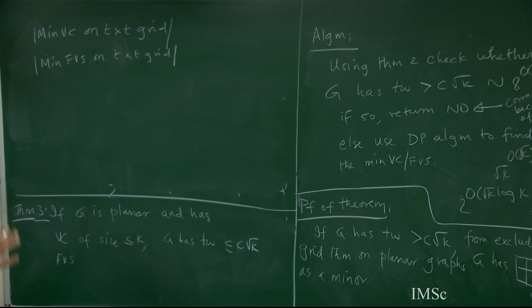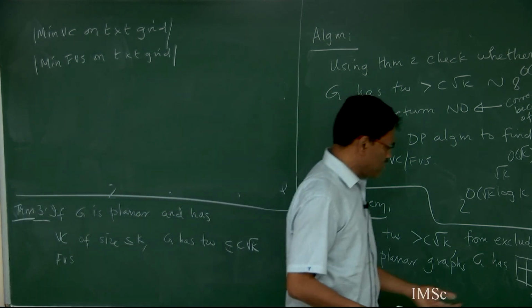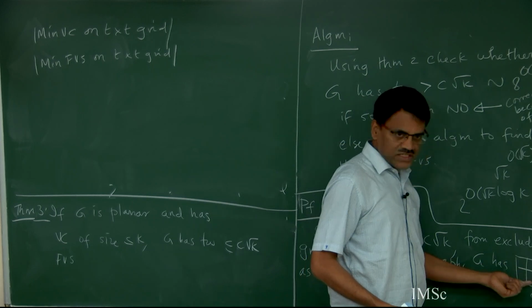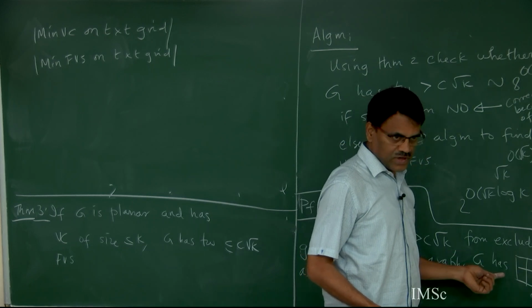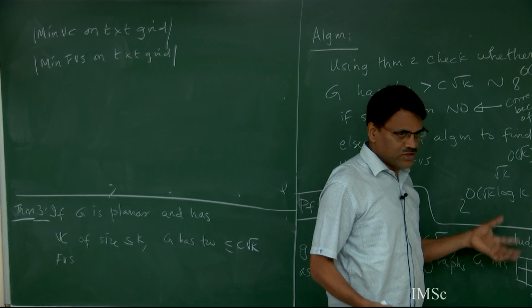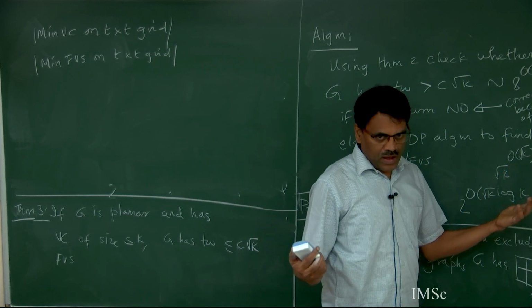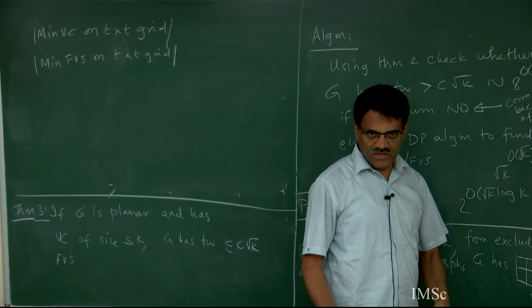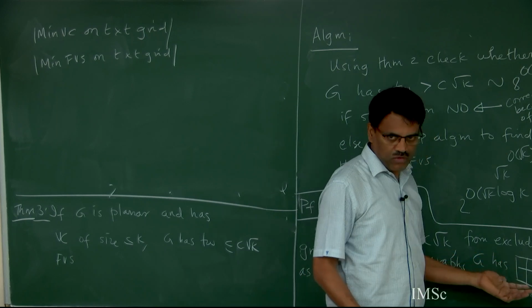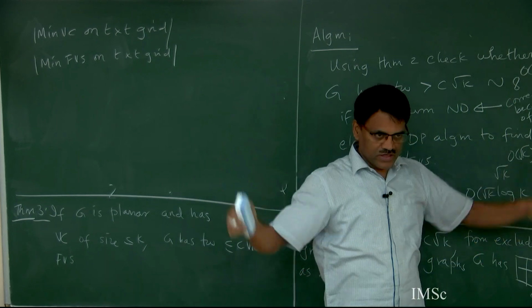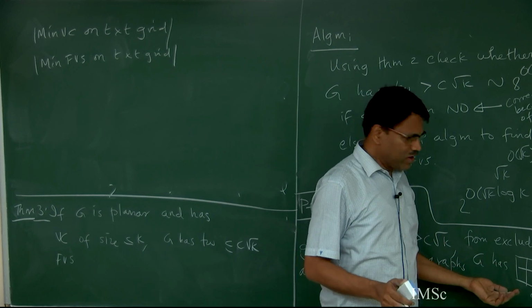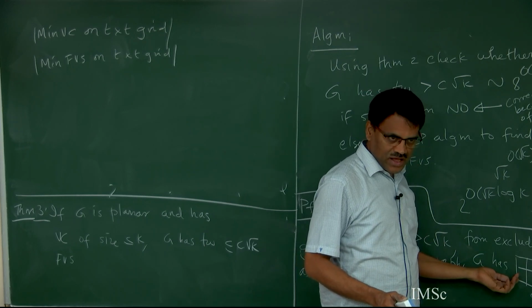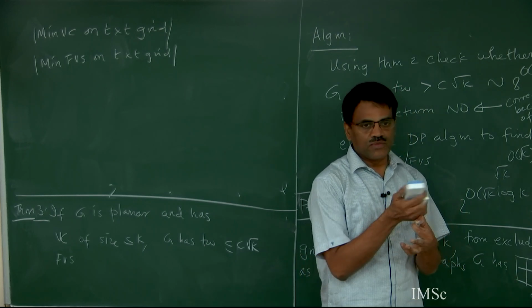There are many ways to talk about it. One vertex can cover at most 4 edges. The graph is a T by T grid, so there are T square vertices and order T square edges, because the average degree is like 4, except for the boundary vertices. But if you pick any vertex, it can cover at most 4 edges.